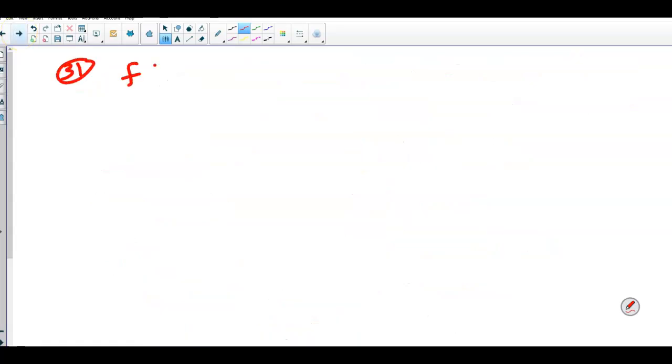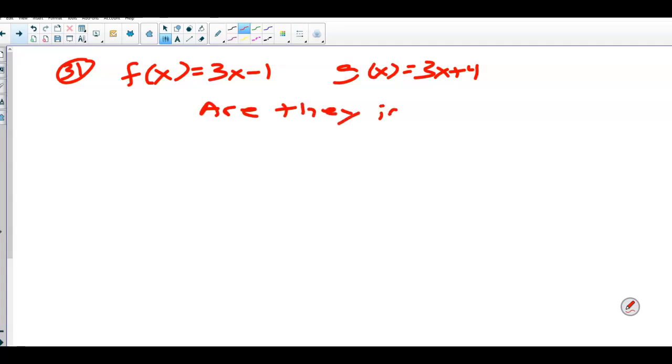With 31, f of x equals 3x minus 1, g of x equals 3x plus 4. So, are they inverses? Let's see. If I plug f of g of x in, that means f of 3x plus 4.